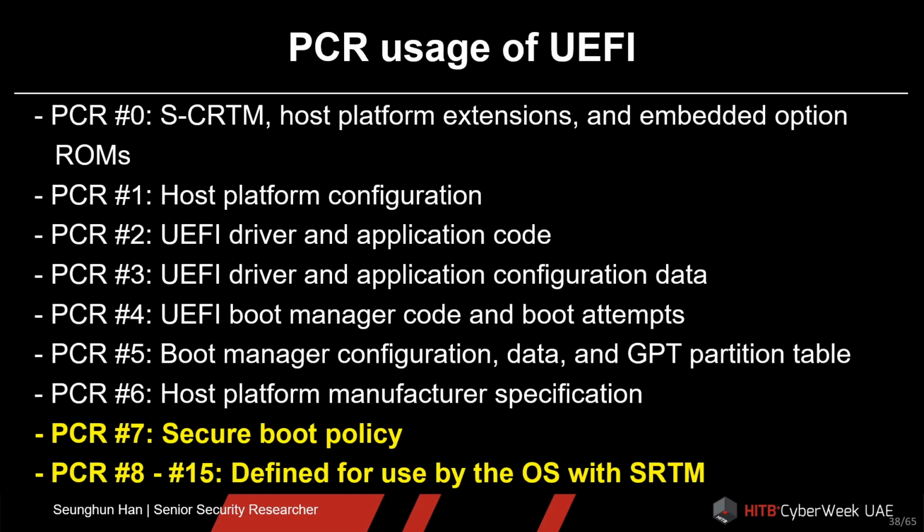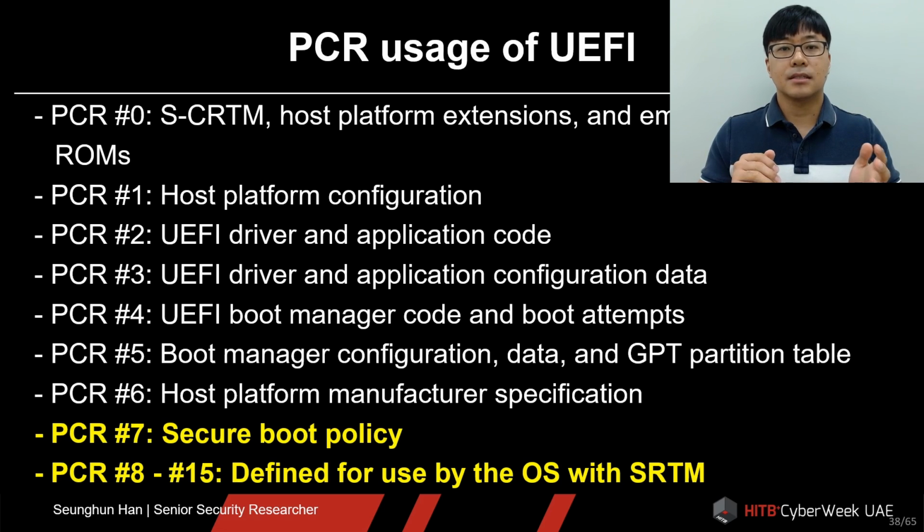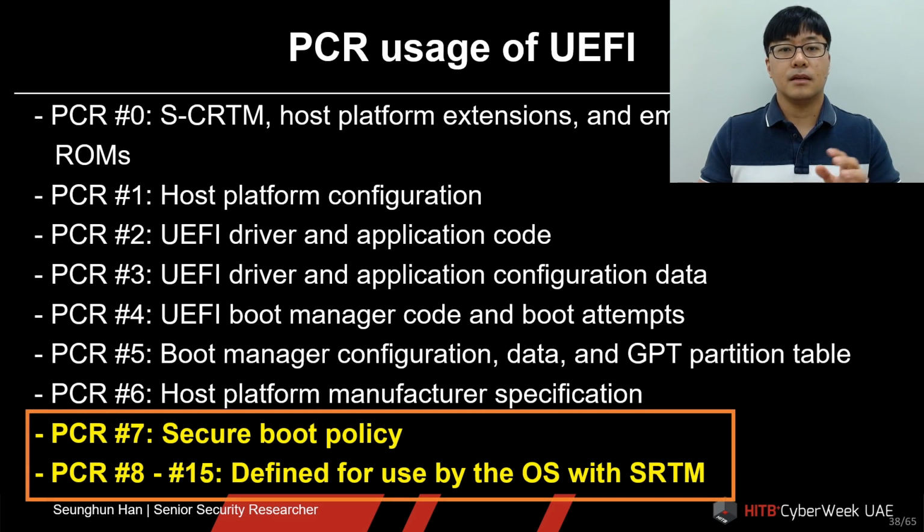Then what information is stored in PCR number 7 and 11? This is the PCR usage of UEFI. The TPM specification says secure boot policy information like keys and certificates used by UEFI are stored in PCR number 7, and OS-defined information is stored in PCR number 11.